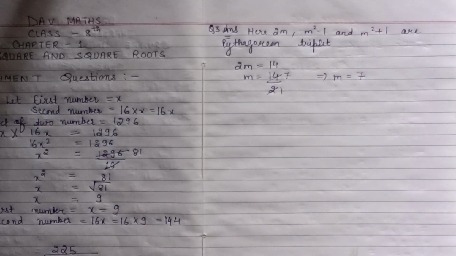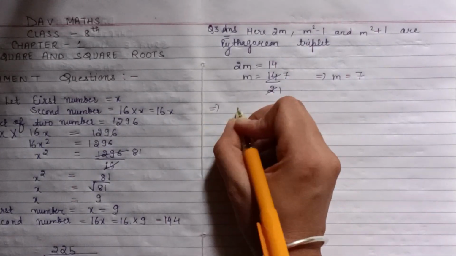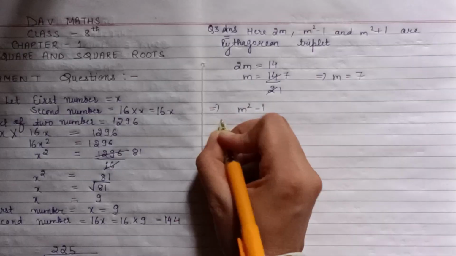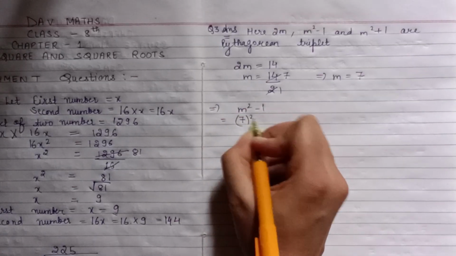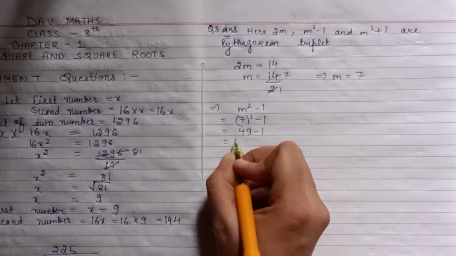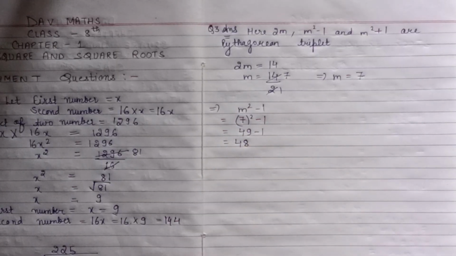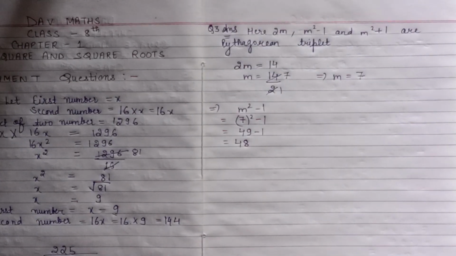Now we have to put this m is equal to 7 in m square minus 1. So m square minus 1 is equal to, putting the value of 7 here, 7 square minus 1. 49 minus 1 is equal to 48. Now similarly we can calculate m square plus 1.